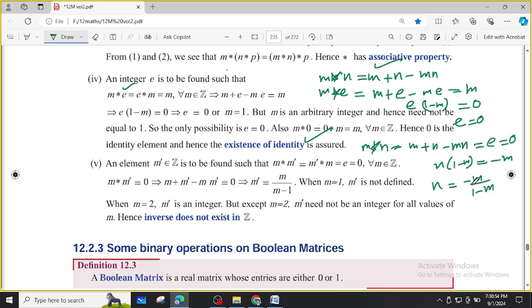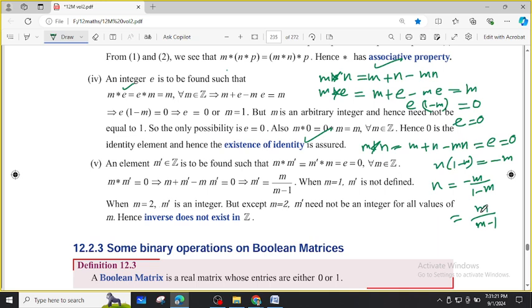This is your inverse. Whether it is an integer or not, you have to check, because it is in division. So for the division of some number, we take minus, so m minus 1. If you take m as 1, it becomes a very big problem. 1 by 0 is not an integer. If you take 2, 2 minus 1 is 1.